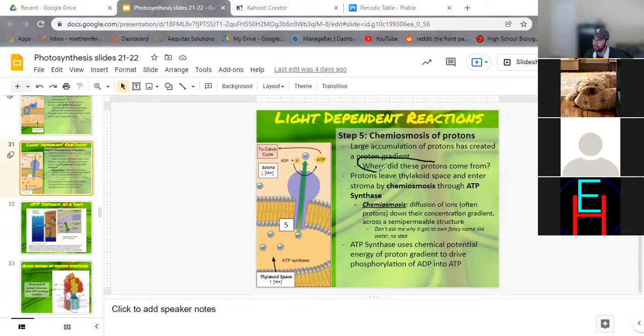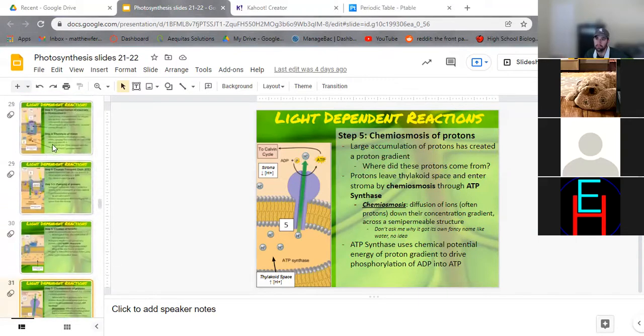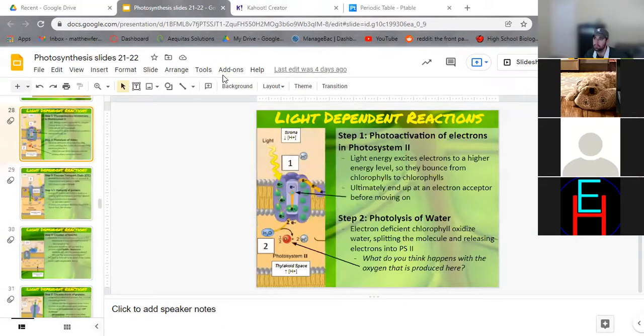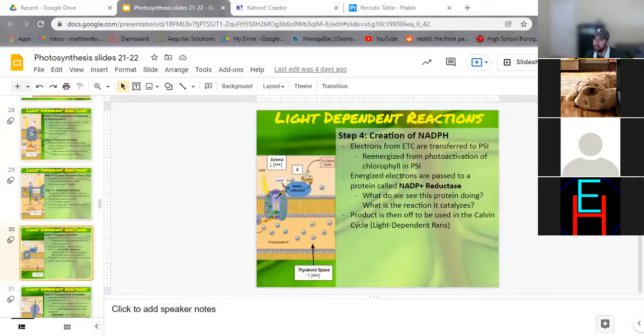Where did these protons come from again? The photolysis of H2O. Where else? I agree, they came from step 2 when we broke down water. From NADPH. In step 4, I see NADPH being added with a proton, with a hydrogen atom, and then entering the Calvin cycle. Where else? From the stroma through the proton pump? Absolutely.